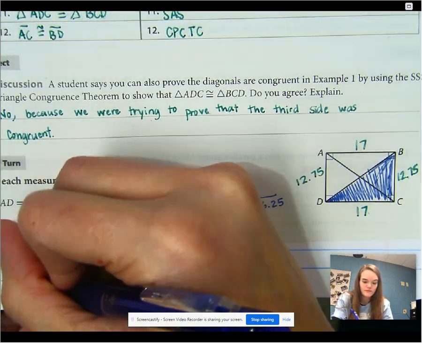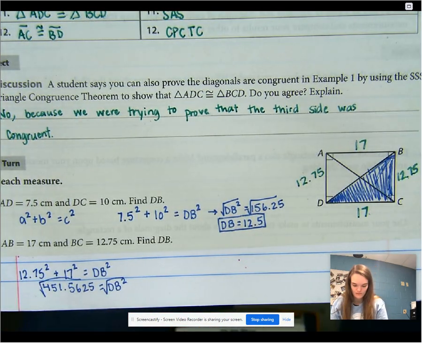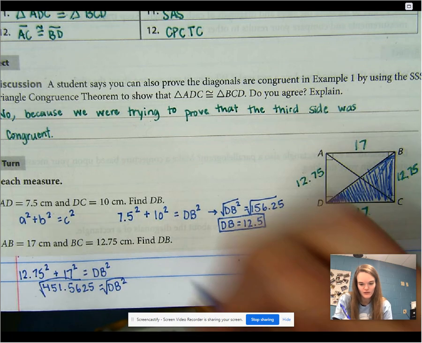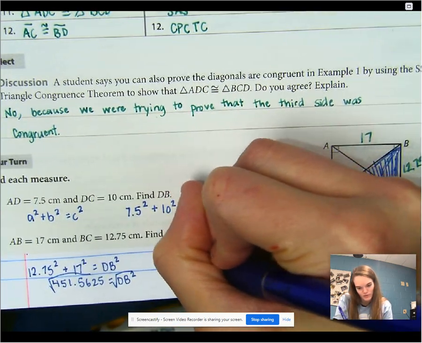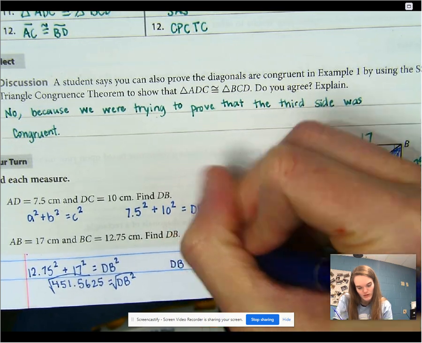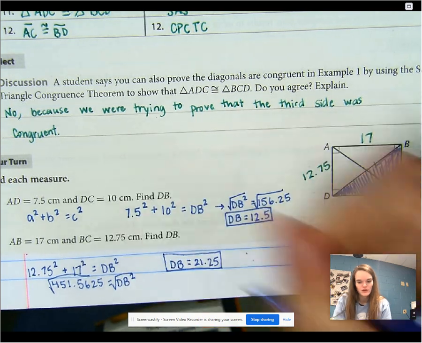I'll take the square root. And I get that DB is equal to 21.25. I hope that's what you got. If it's not, you need to ask questions.